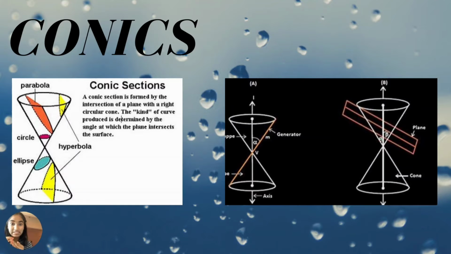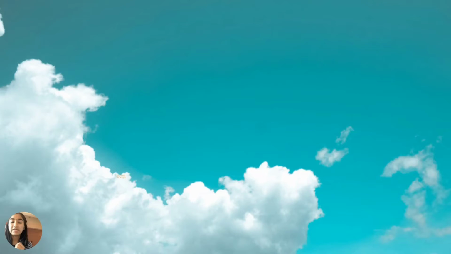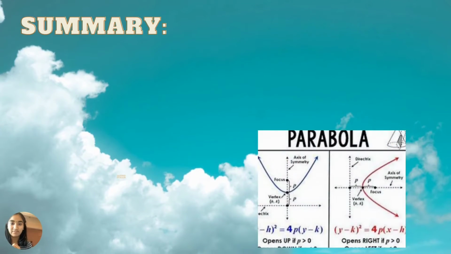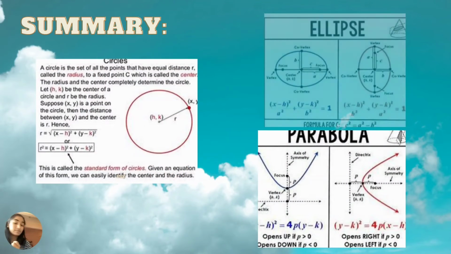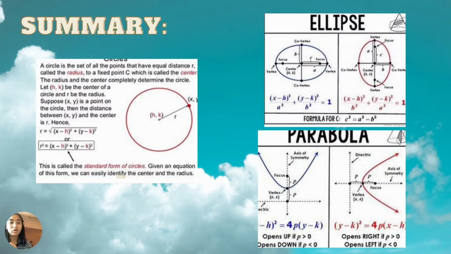Okay, I can say conics is divided into three, which are known as circles, ellipse, and parabola. Circles will have beta equal to alpha, and parabola will also have beta equal to alpha. Ellipse will have an angle where beta is bigger than alpha and lesser than pi over 2, which is 90 degrees.